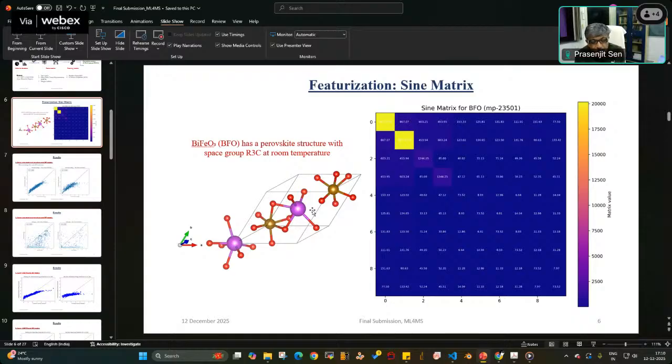So if you have a maximum of 40 atoms in the unit cell in your data set, and you are using the Coulomb matrix as your feature, what would be the length of your feature vector? Sir, I cannot downgrade the unit cell, but I can take a supercell from it and make it 40. Then everything will have a 40 dimensional size.